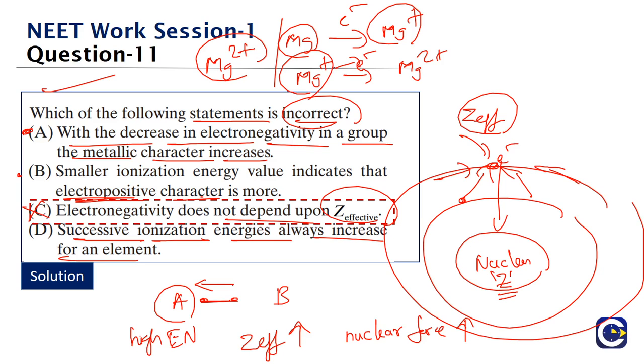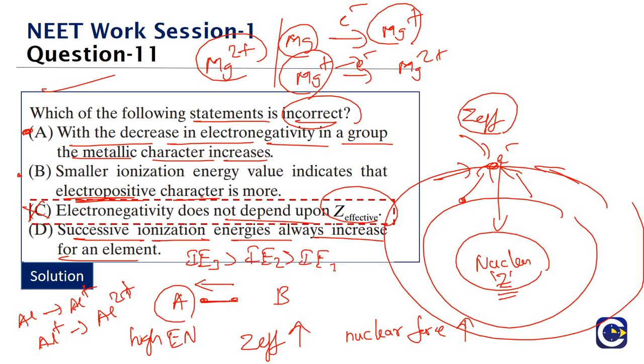Successive ionization energy values, like in the case of aluminum: aluminum forms Al+, then Al+ forms Al2+, then Al2+ forms Al3+, and so on. We call these IE. In the case of aluminum, IE3 will be more than IE2, which will be more than IE1.